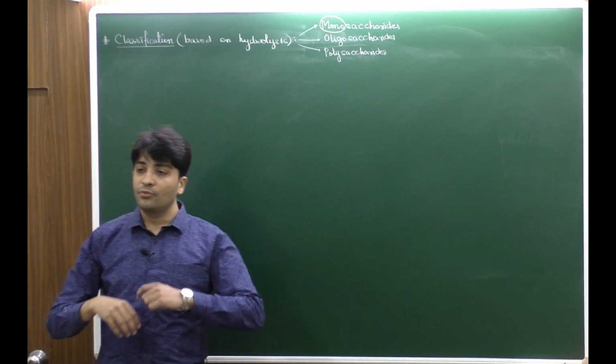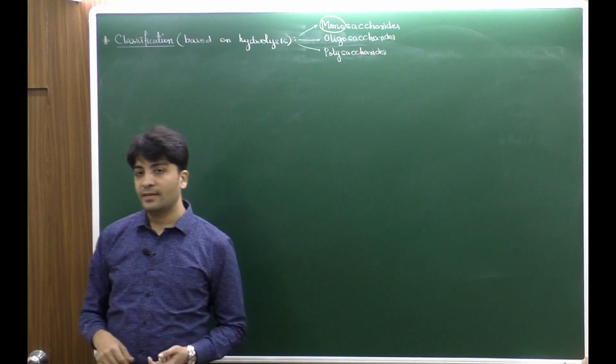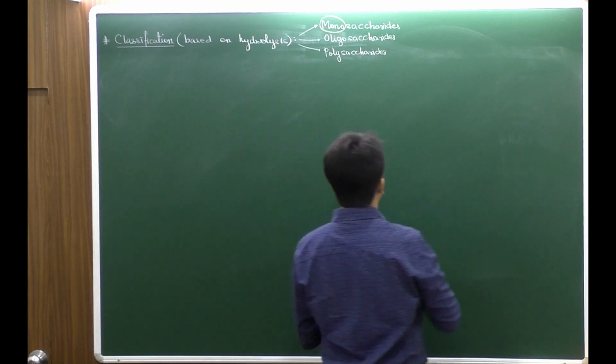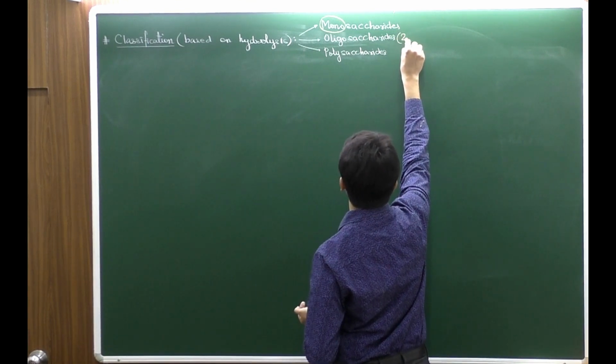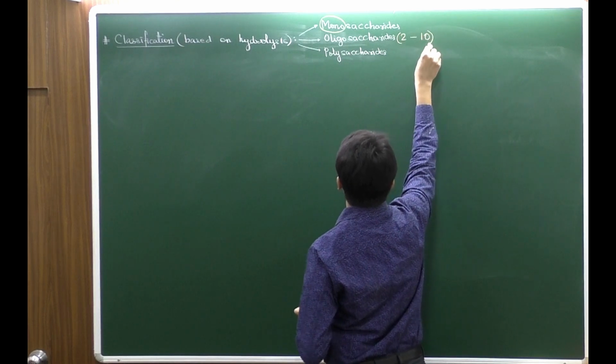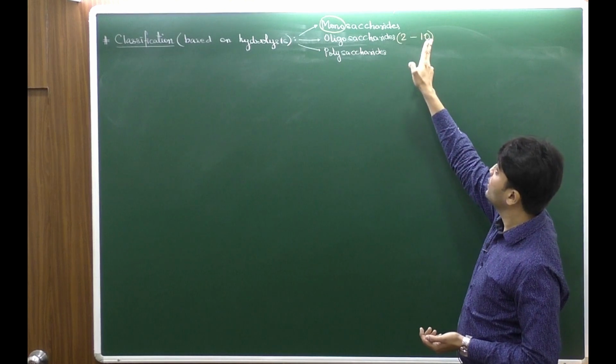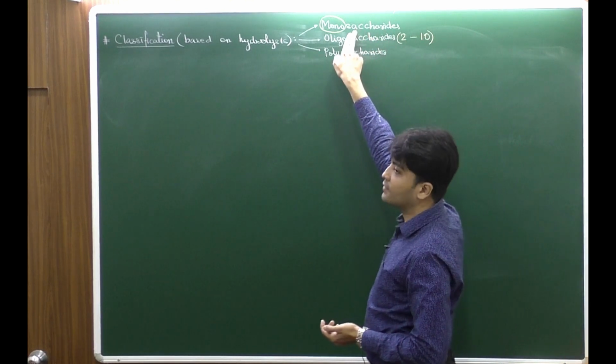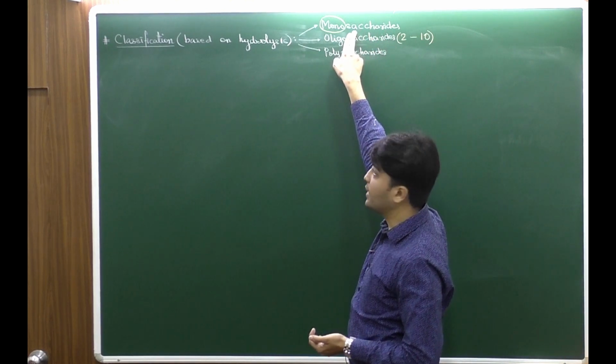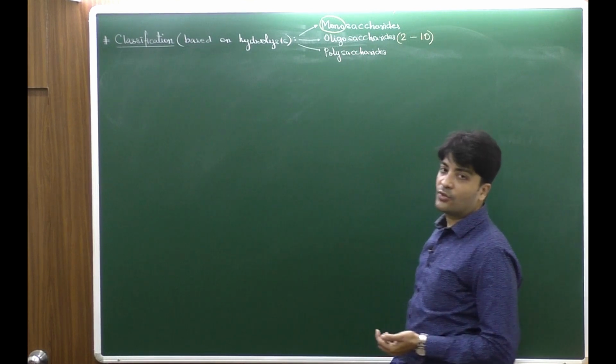Oligosaccharides are those which can produce many saccharides, but the range which is described here is 2 to 10. Meaning on breakdown, if they produce 2 to 10 units of the simplest one, that is monosaccharides, they will be called oligosaccharides.